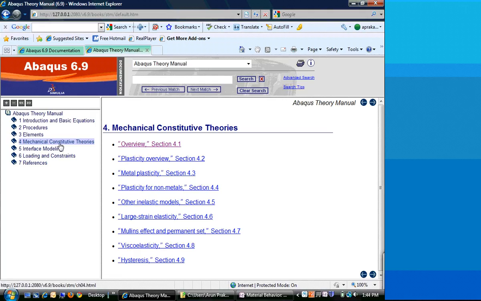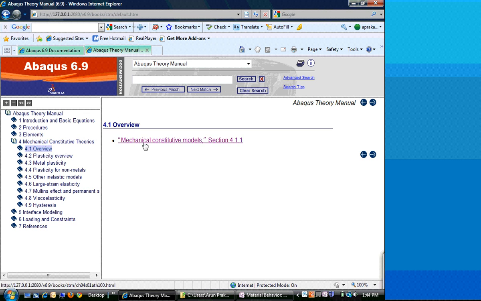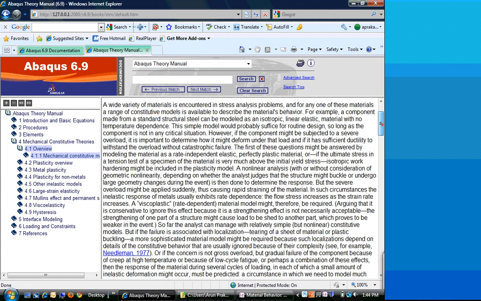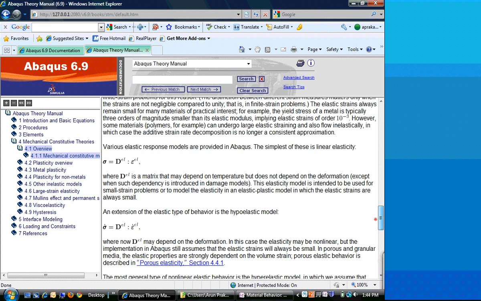If you go to this overview, right here it says one of the simplest models is linear elasticity, and this is the same relationship that says stress is some function of strain.